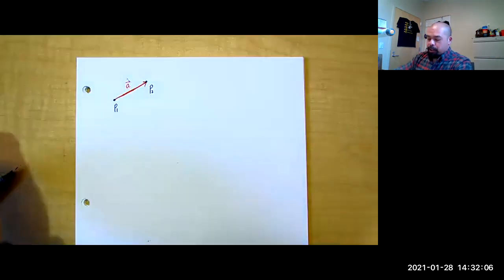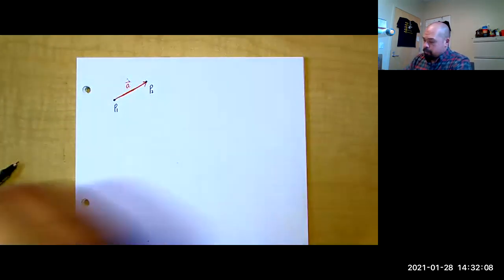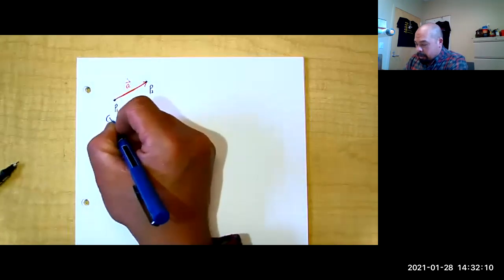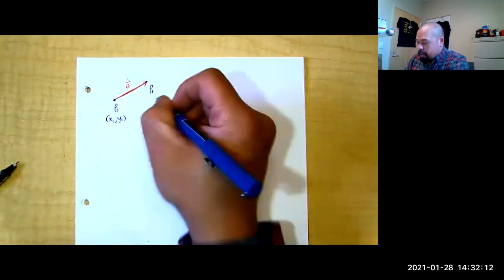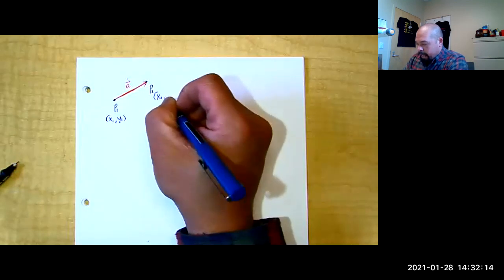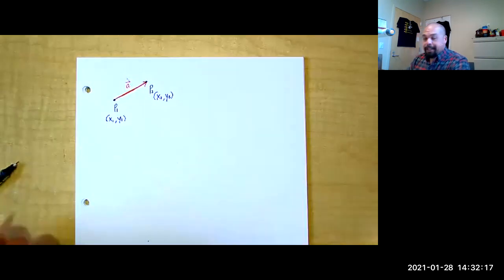Well, if we start to get a little bit more in depth here, this could be the point x1, y1, and x2, y2.